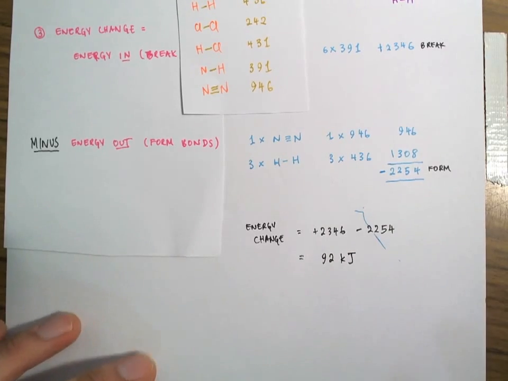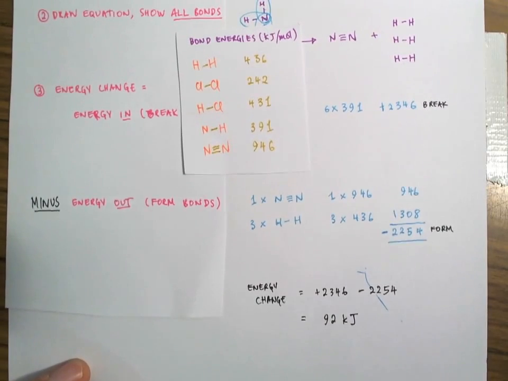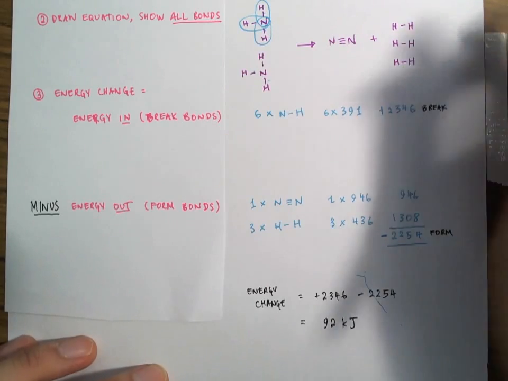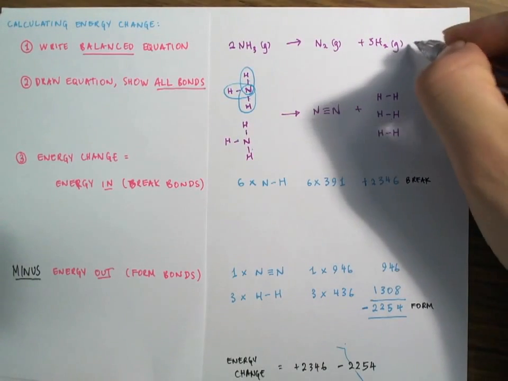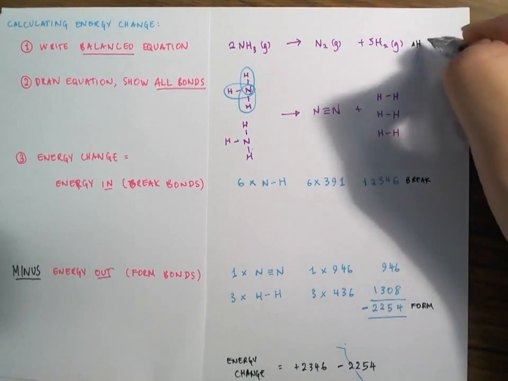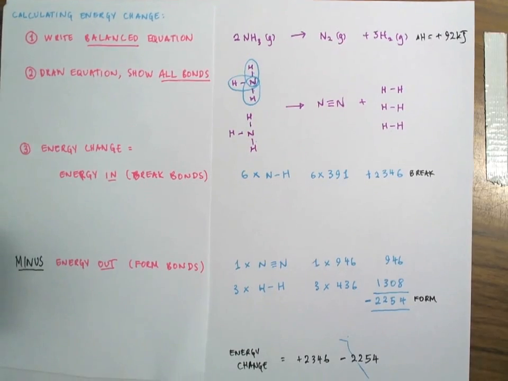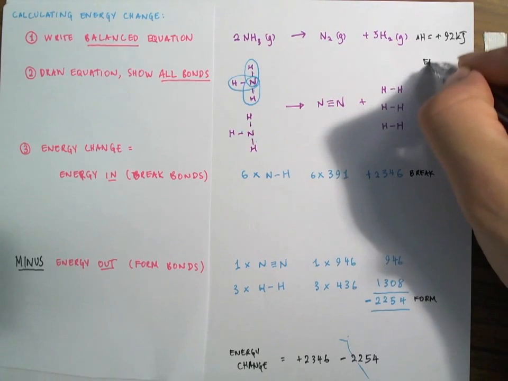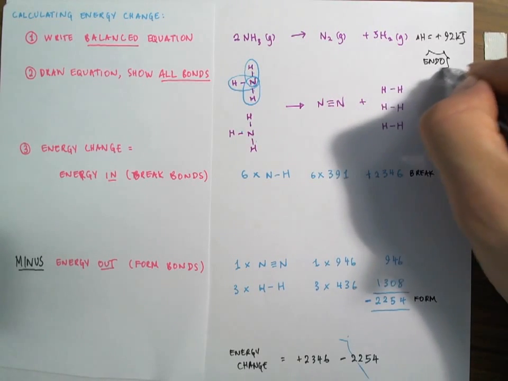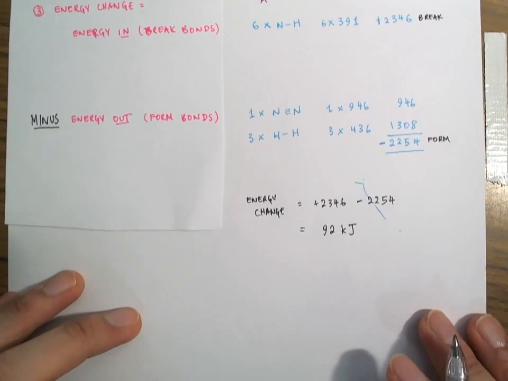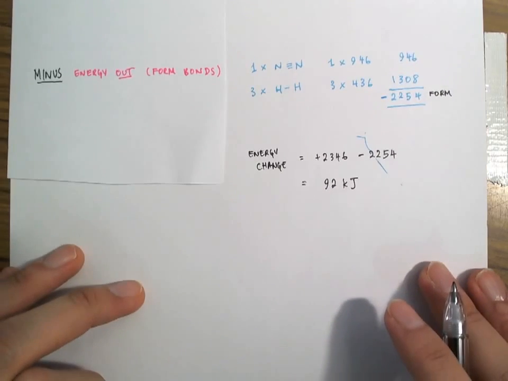Again, I've dropped per mole because it wouldn't make sense to say per mole anymore, so I don't need my table here. And therefore my overall energy change is plus 92 kilojoules, which means that this is an endothermic reaction, and it's overall going to cool the test tube. So if you touch the test tube, it's going to feel cool.